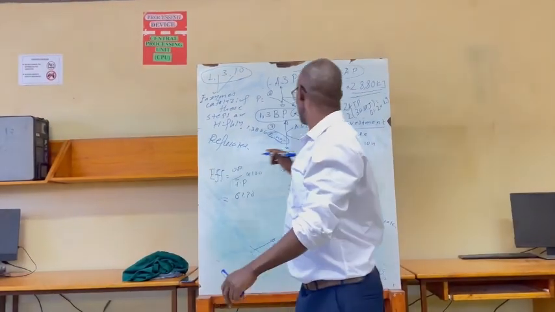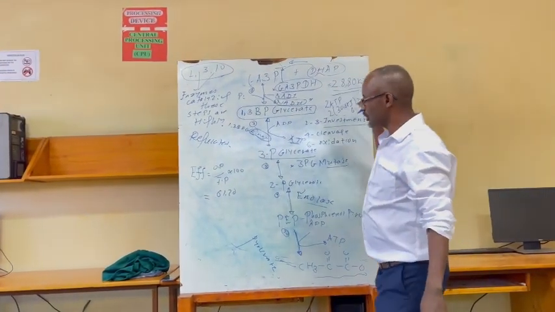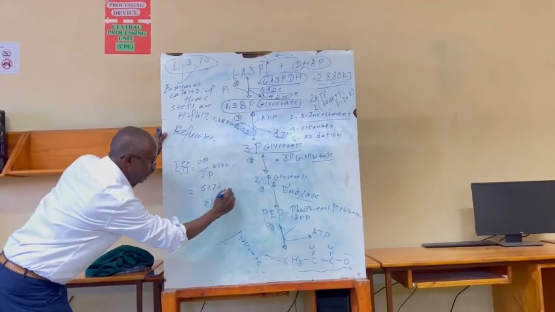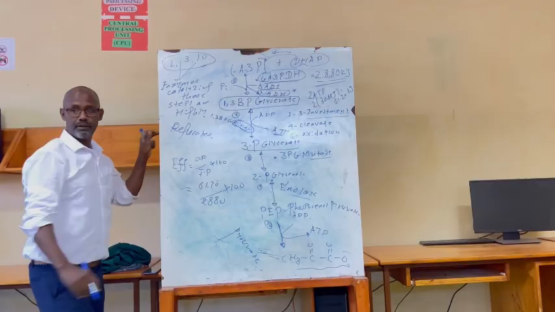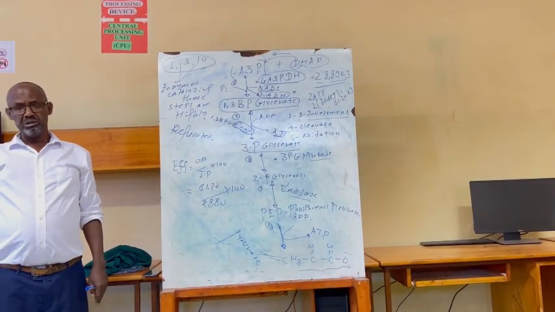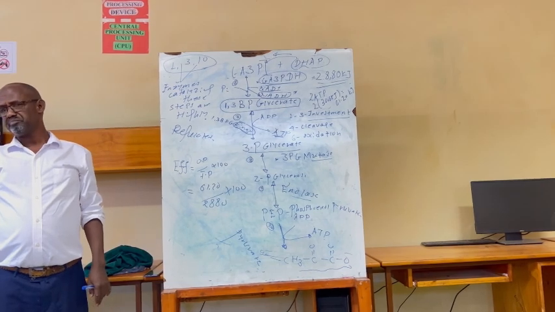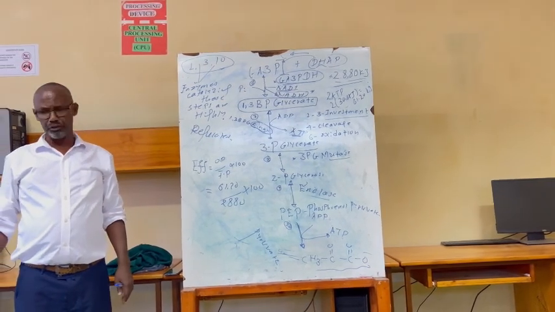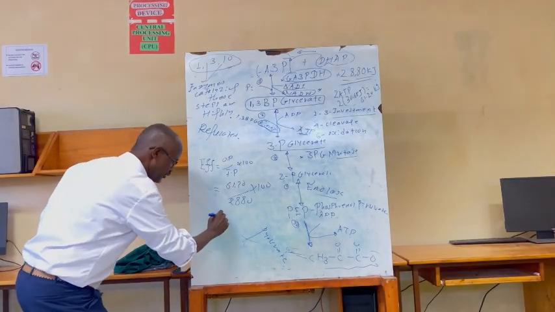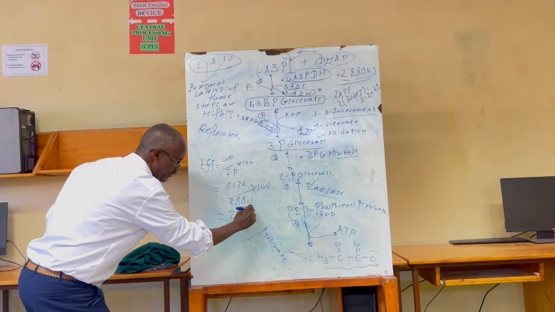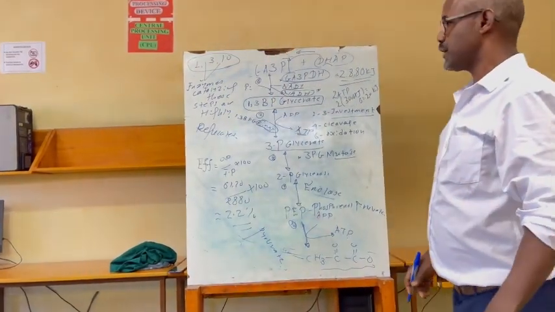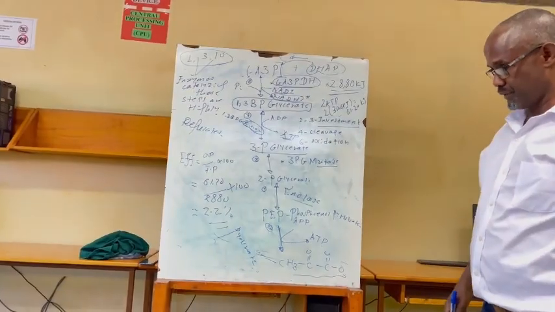The input means the total energy in 1 glucose, 2,880. Multiply this by 100. If you calculate this figure, it is not big. It's almost 2.2%, which makes glycolysis highly inefficient, really highly inefficient.